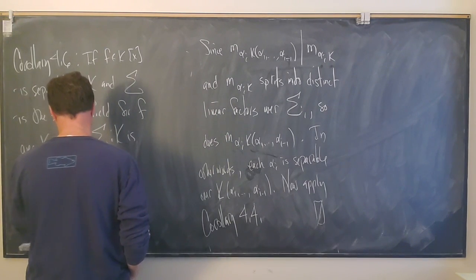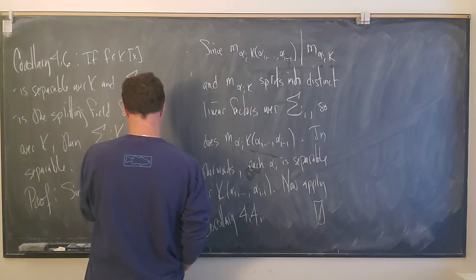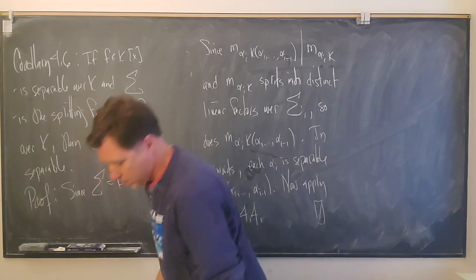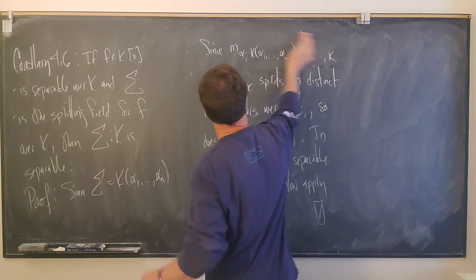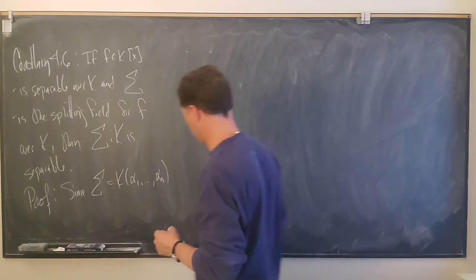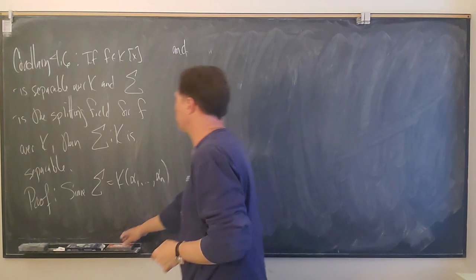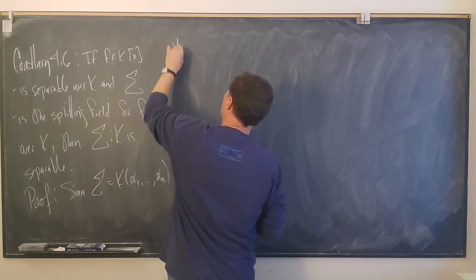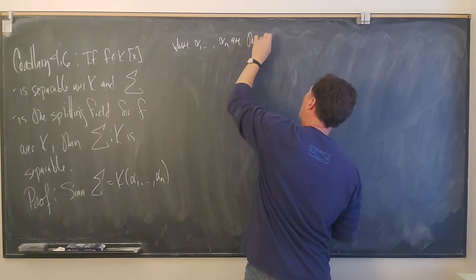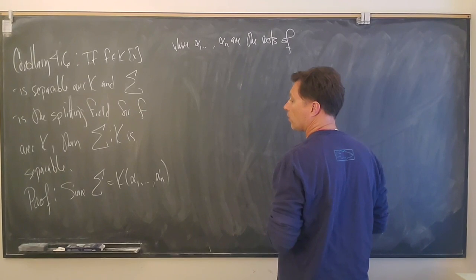So, since sigma equals K adjoin alpha 1 up through alpha n, where alpha 1 up through alpha n are the roots of f.